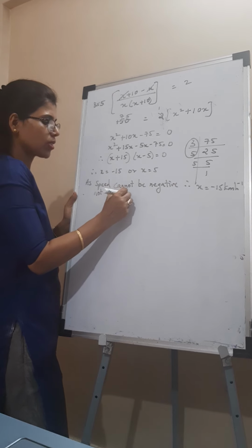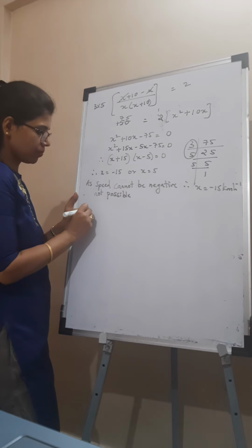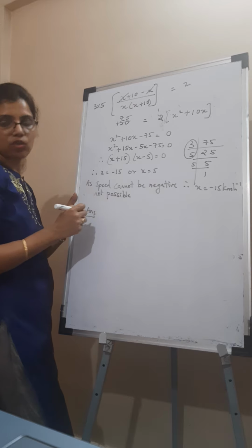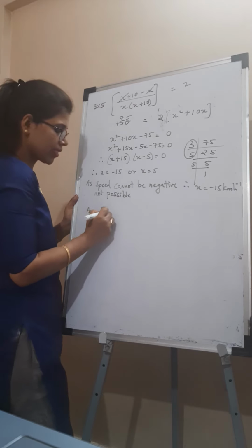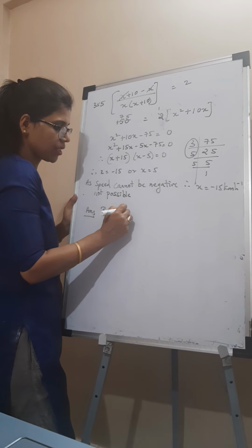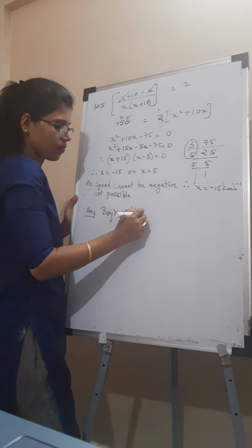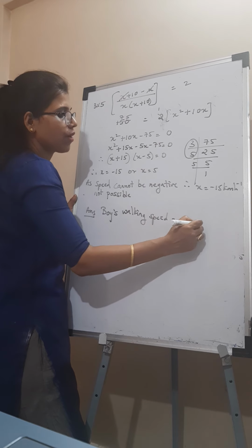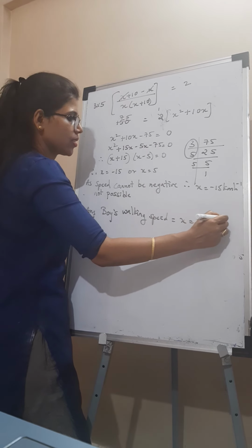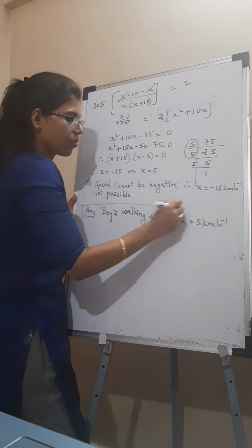So what will be possible is the answer, as we had to find the walking speed. So the boy's walking speed is equal to x, which is equal to 5 km per hour. That is your answer. Put it in the box.